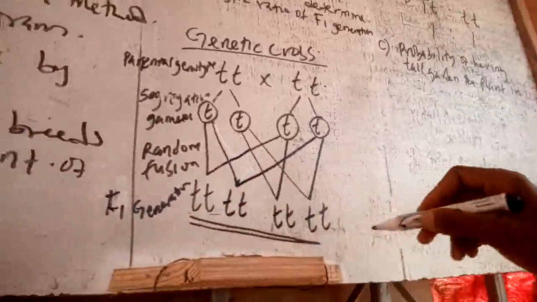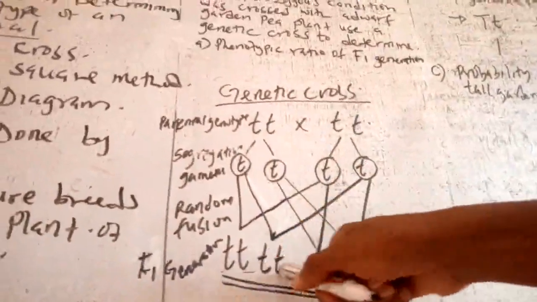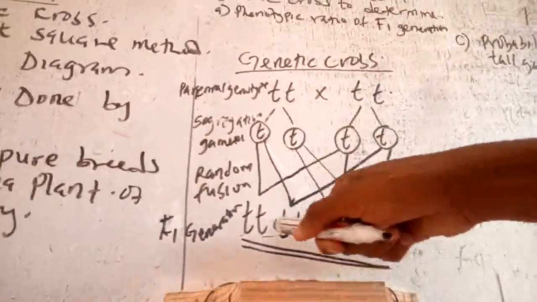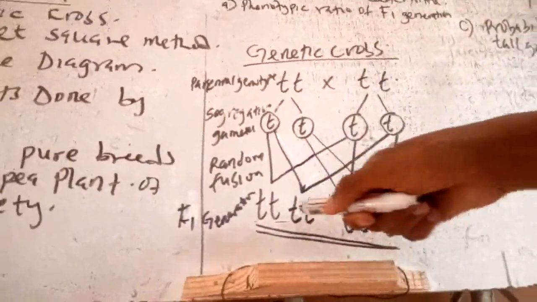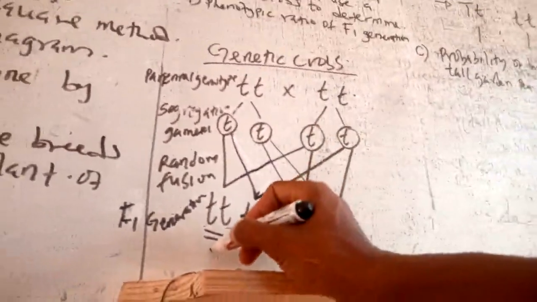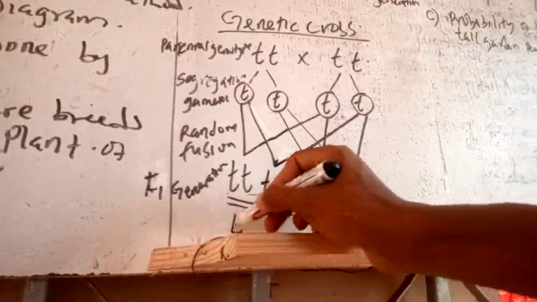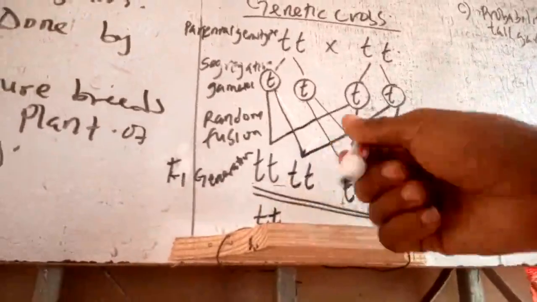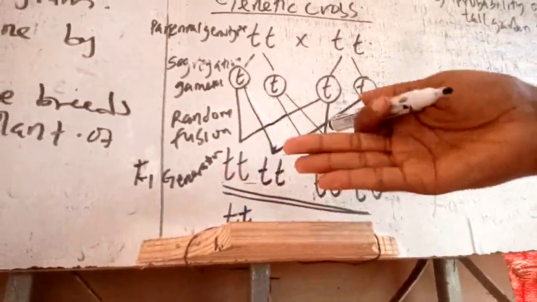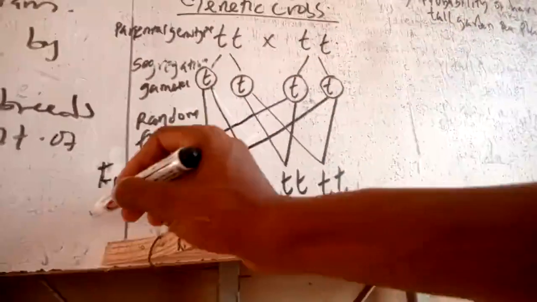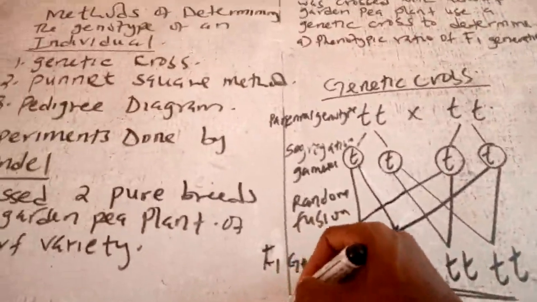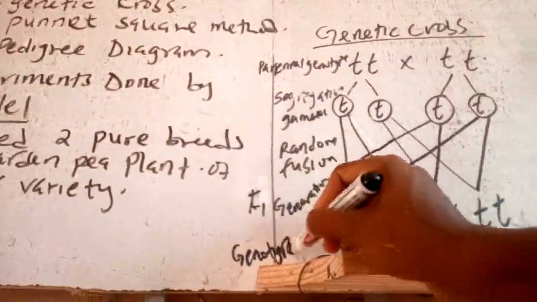You can see that the genotype of the F1 generation, all of them are dwarf. The genotype is represented by two small t's, meaning that all of them were dwarf. That is the genotype of the F1 generation.